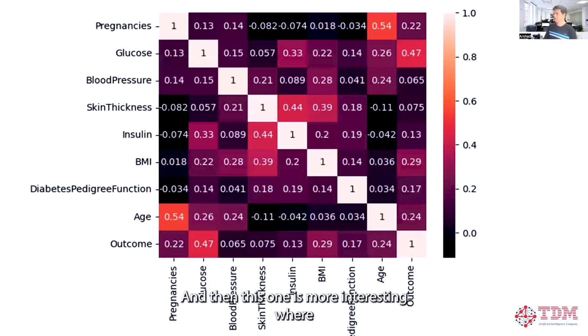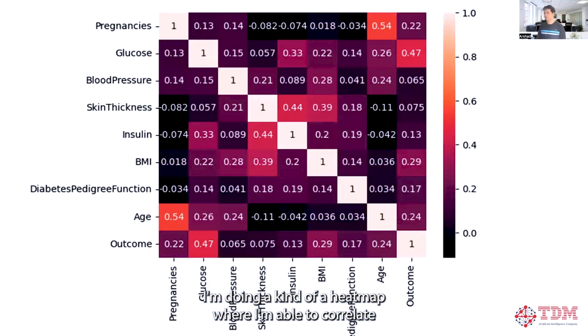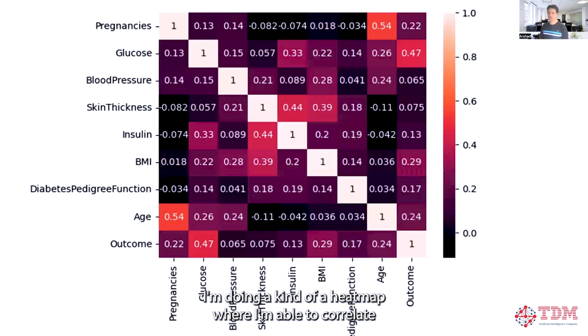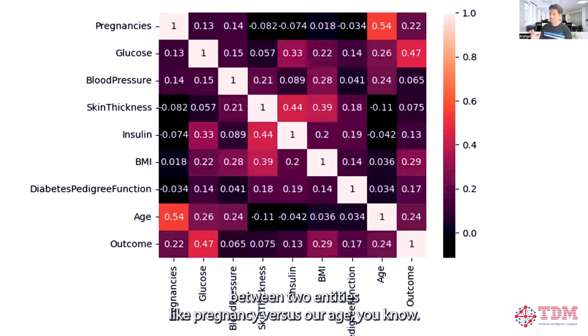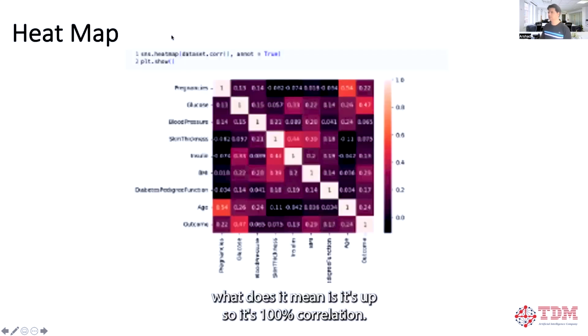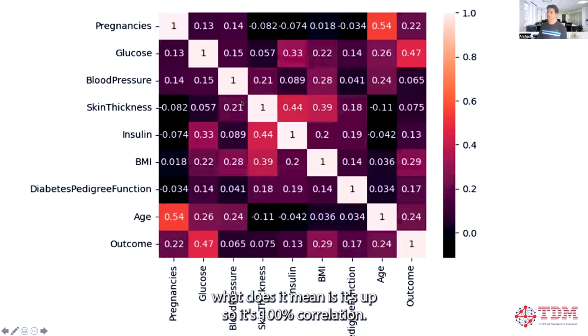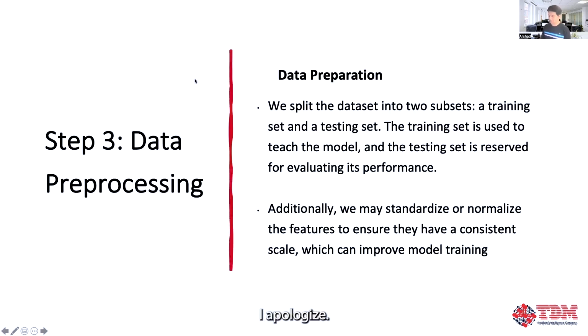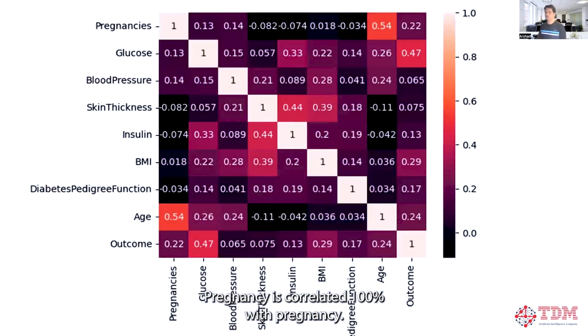And then this one is more interesting, where I'm doing a kind of heat map where I'm able to correlate between two entities like pregnancy versus age, diabetic. If you see this 1, what it means is a 100% correlation. Pregnancy is correlated 100% with pregnancy.